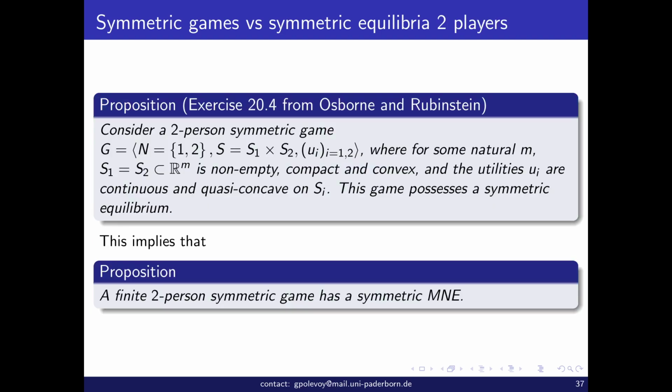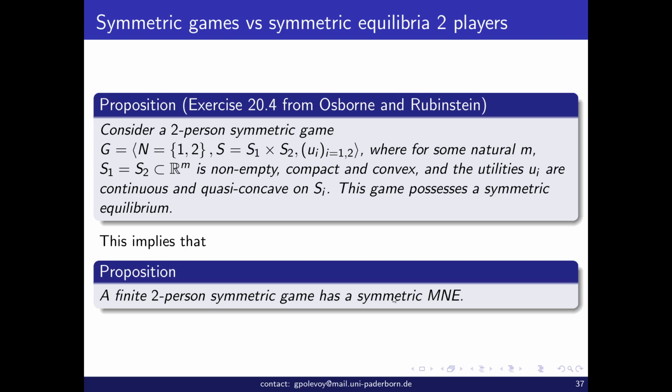But for an infinite game, we have the following proposition, which is actually an exercise from Osborne and Rubinstein: when we have a two-person symmetric game, and the strategy sets are equal and are subsets of some r-dimensional Euclidean space, they are non-empty, compact and convex, and the utilities are continuous and quasi-concave on the strategies, then the game possesses a symmetric equilibrium.